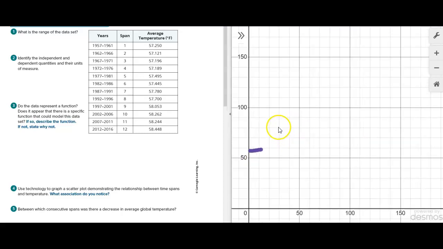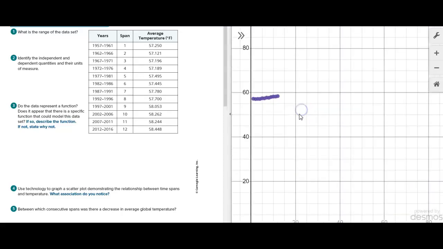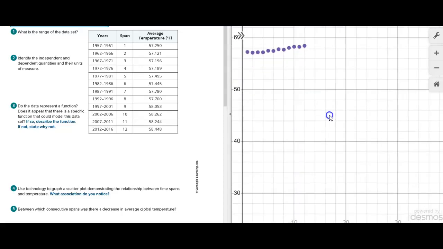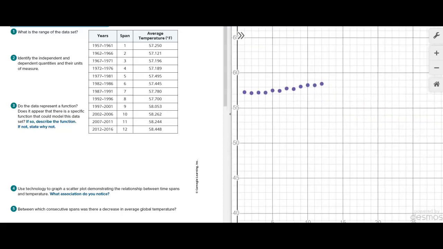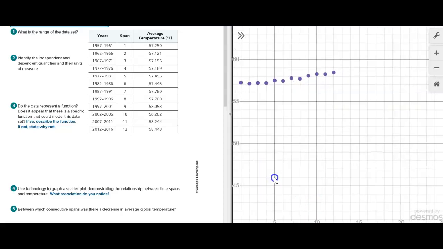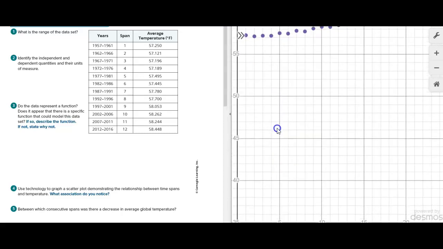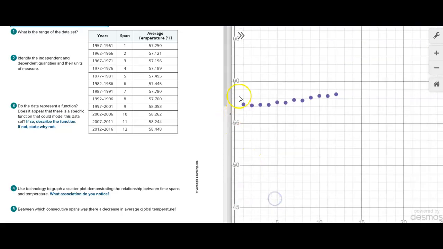Now, you'll want to use your mouse and zoom in so that you can see the relationship better. So use your mouse to zoom in, and then you'll be able to see the data better. So this point here is (1, 57.25). That's span 1, and the y value is 57 and 25 hundredths.